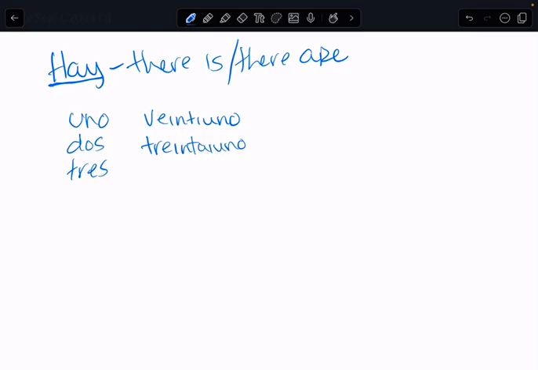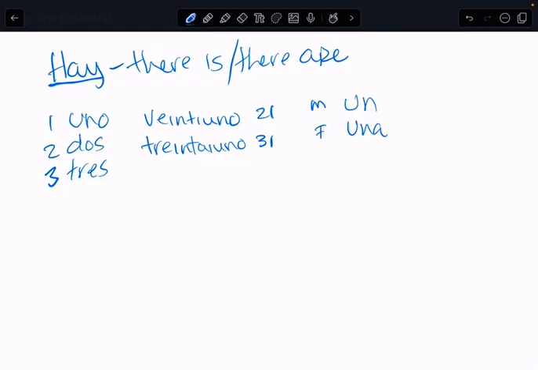So, when you have uno, 21, 31, this means 21, and this means 31. This is 1, 2, and 3. When you are talking about something, when it's in front of a noun, it goes from uno to un or una. This is for masculine, and this is for feminine. So, if you're counting, you're going to say 1, 2, 3, 4, just like if you're counting in English.